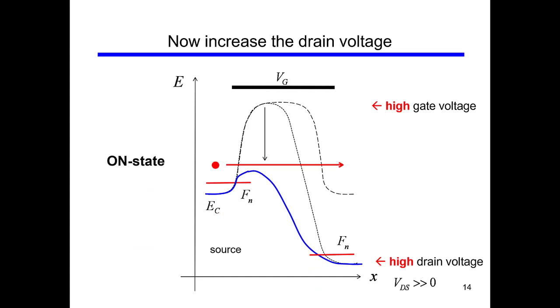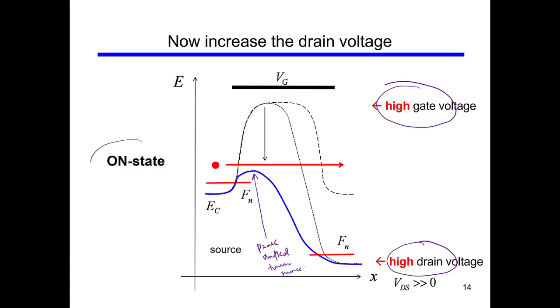So again, if you apply a very high gate voltage and a very high drain voltage, the shape of the barrier changes further. You see that the peak has shifted towards the source.